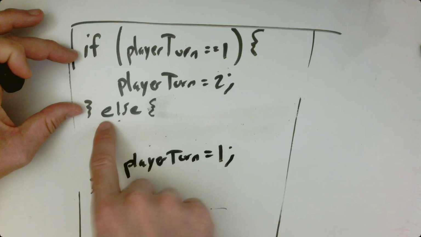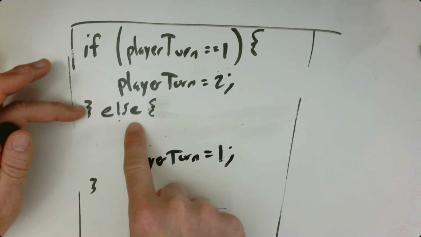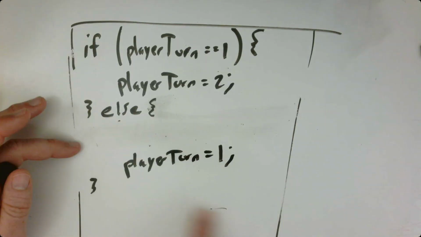Let's pretend player turn equals 2. So if player turn equals 2, we want to flip it to 1. So we say, is this true? And the answer is no, because player turn equals 2 right now. So we go to the else, and we put 1 inside. So it's done what we want in both cases. So I think the lesson from a debugging perspective is you can read the code like English, and it seems very sensible. We do want to say, if player turn is 1, make it 2.